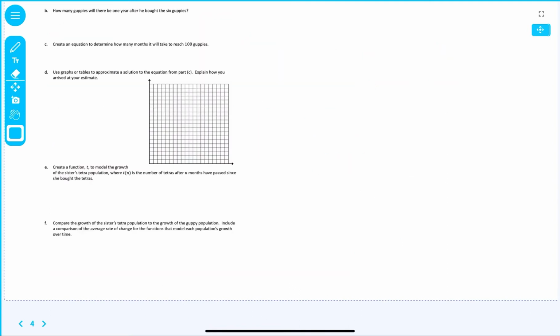All right, go to page 4. How many guppies will there be 1 year after he bought the 6 guppies? Well, that would be G of 12 because we're talking about months. And our formula was 6 times 2 to the 12th. Ooh, what is 2 to the 12th?